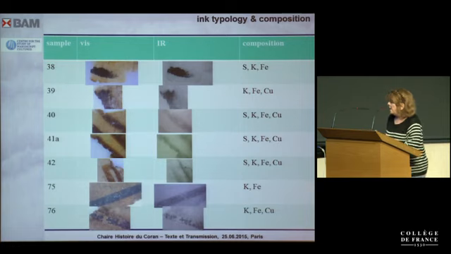Now, if we go over to other inks, you can see again that you have carbon ink. Here you have iron, however, no satellites that would indicate the vitriol, but you have also common iron gall inks, and you see reflectographic changes.